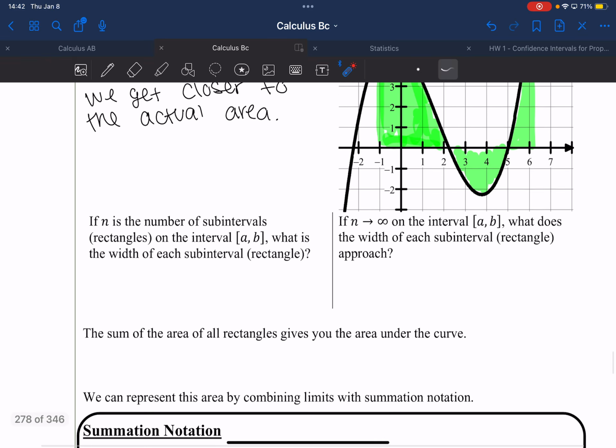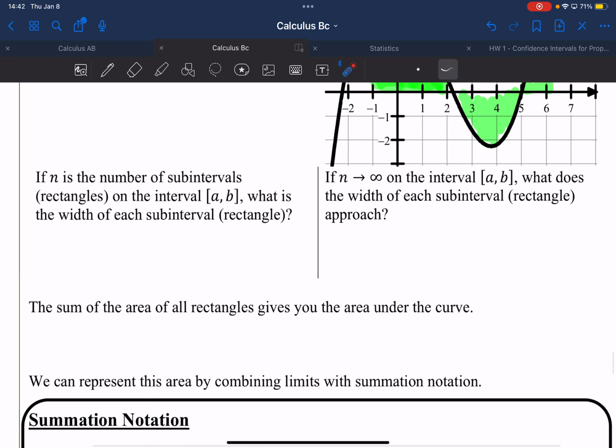Before we start there, we're going to look at two different ways to express that as n is increasing, the area is getting more efficient. The first one says, if n is the number of subintervals on the closed interval a to b, what is the width of each subinterval?